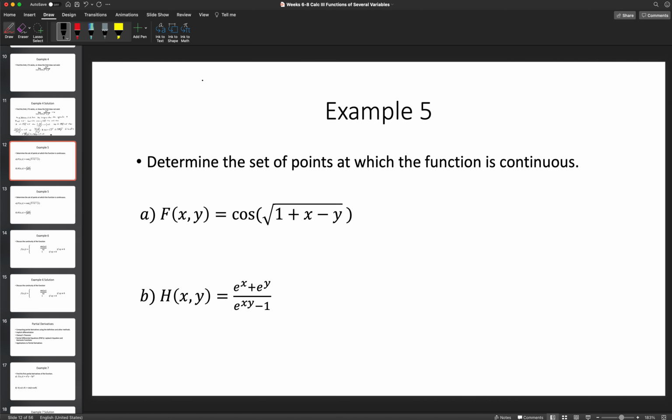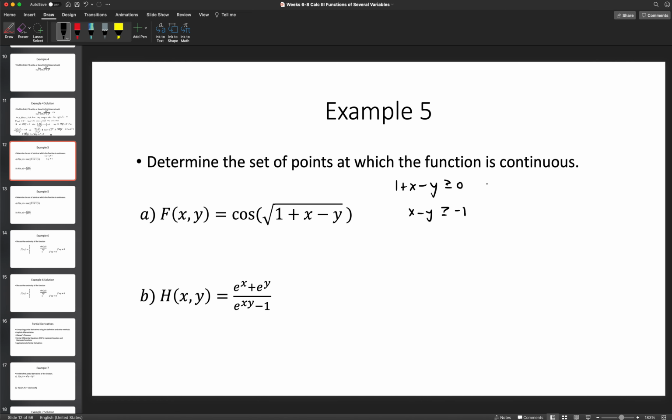Example number 5. Determine the set of points at which a function is continuous. So first, let's start off by finding the domain D of f. Inside, we see that 1 plus x minus y has to be greater than or equal to 0 because it's a square root function, which means x minus y has to be greater than or equal to -1 for all x, y.